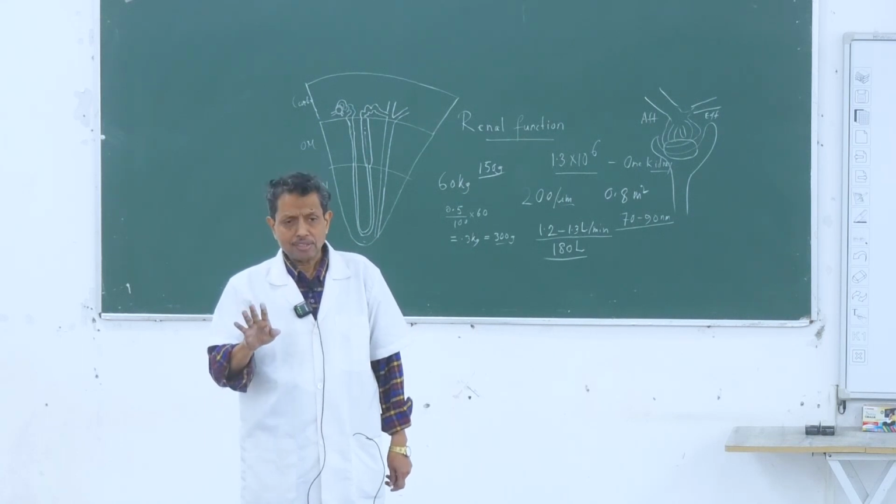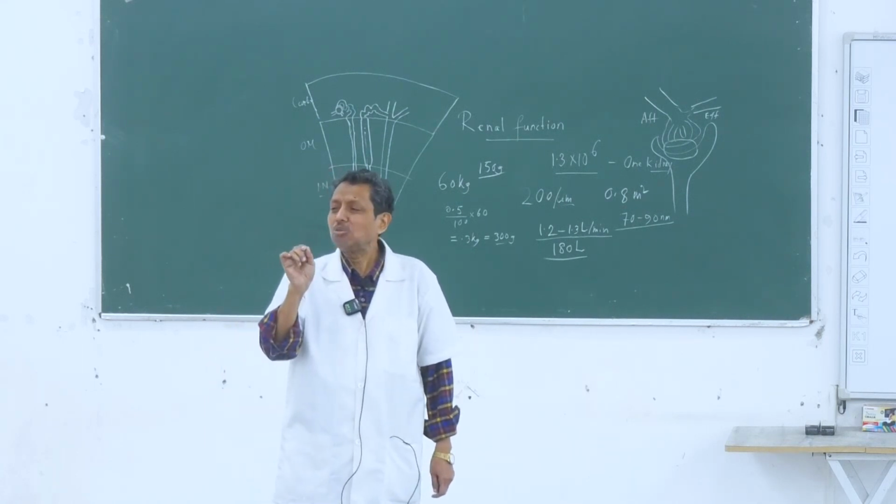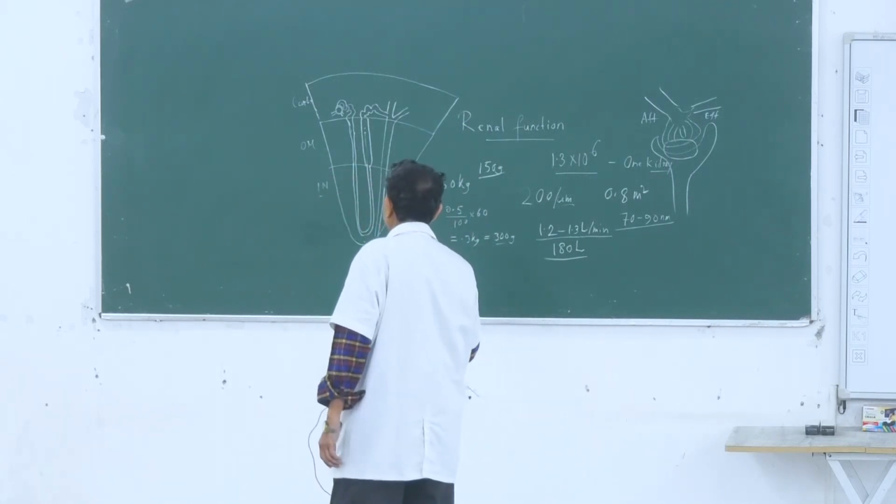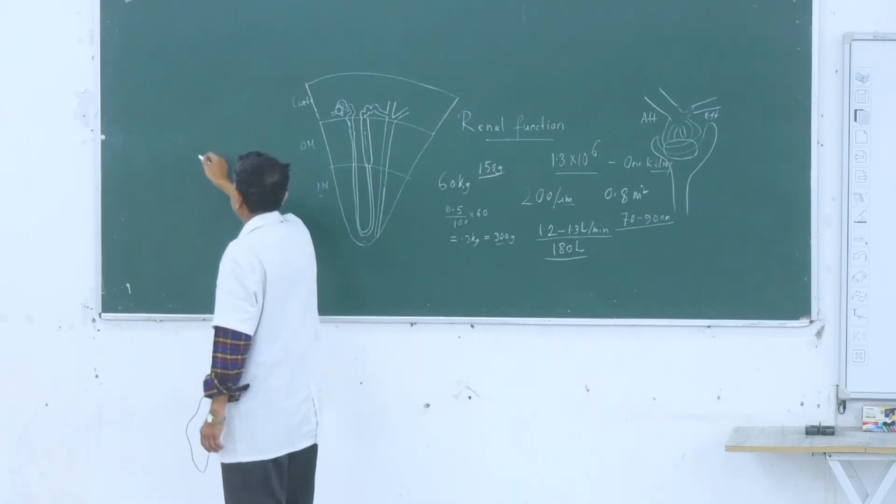Suppose in skeletal muscle and in cerebral blood vessels, the capillaries are non-fenestrated.